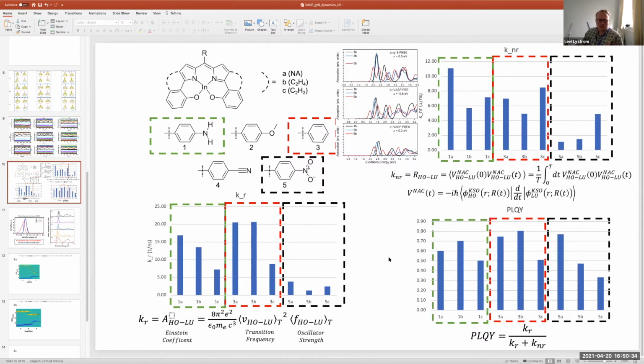So going from B to C, you lose quantum yield because you reduce the energy. No, you do not reduce them. Wait.